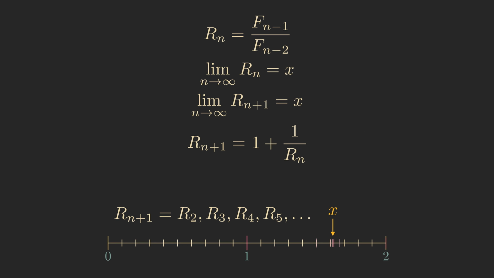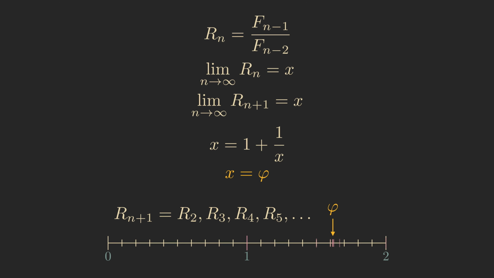And we know that R_(n+1) and R_n converge to x. So by looking at the convergence, we have x equals 1 plus 1 divided by x. This means that x is 1 more than its inverse, and as we said, the only positive number that satisfies this is the golden ratio.